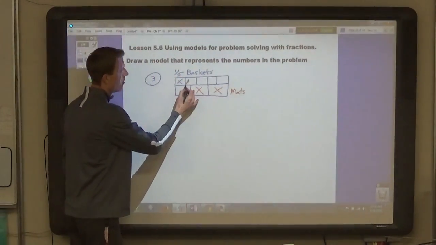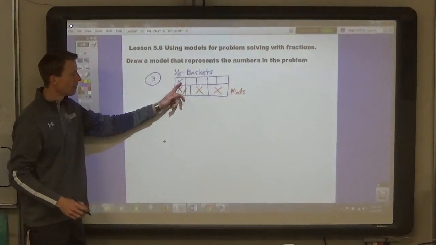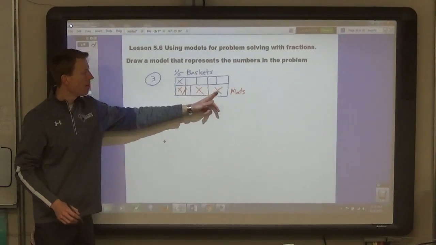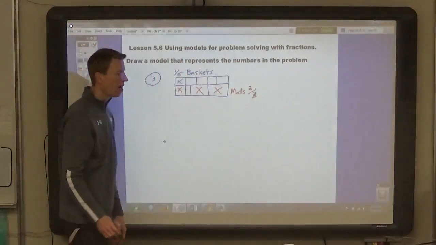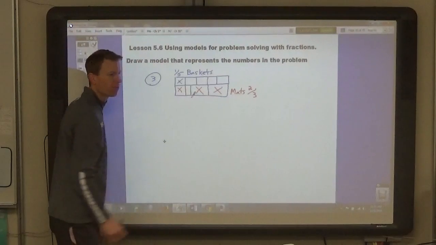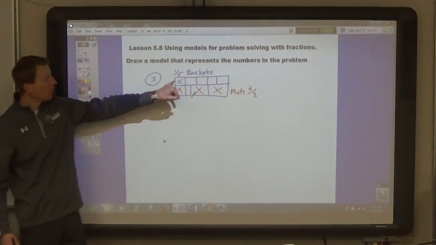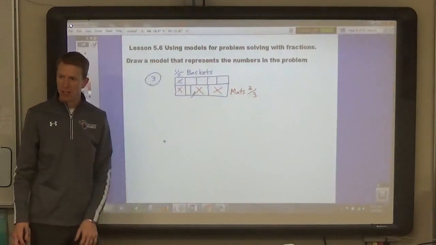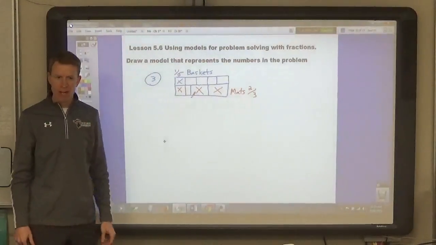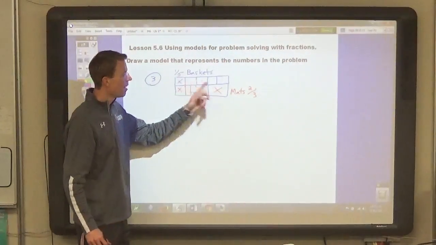Now, this 1/5 made baskets, 2/3 made mats. How much is remaining? How much is left over? So what we'd have to do is find a common denominator, a common multiple of these numbers to figure out how much is remaining. 1/5 and 2/3.